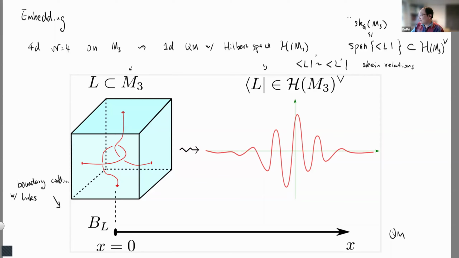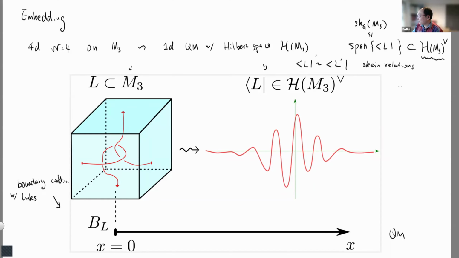Naively, this proposal is not terribly useful because the Hilbert space can be quite complicated. Given any three manifold, it's a difficult task to understand the Hilbert space of the quantum field theory on that three manifold.